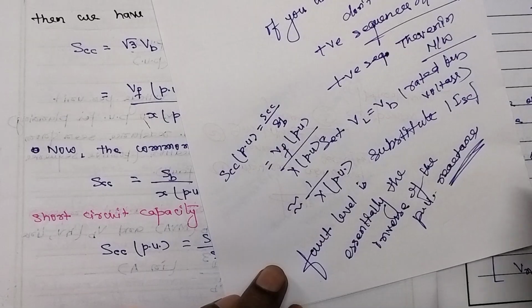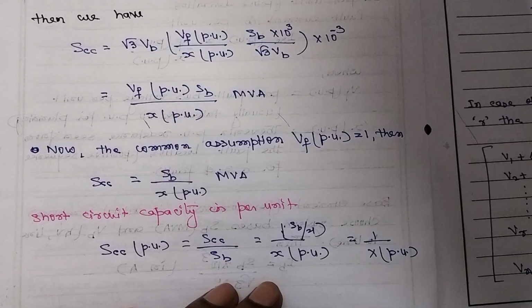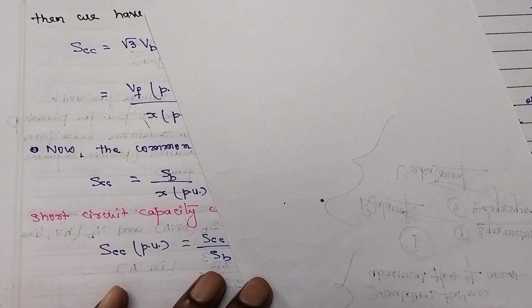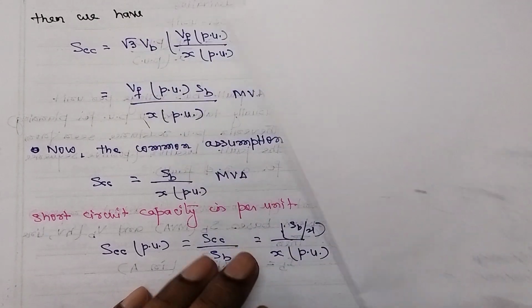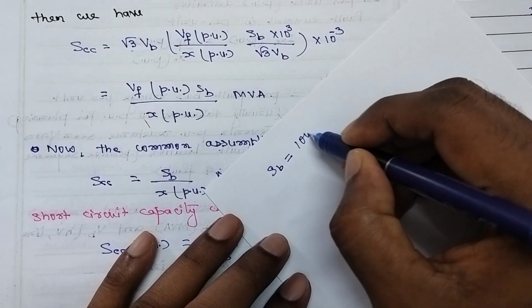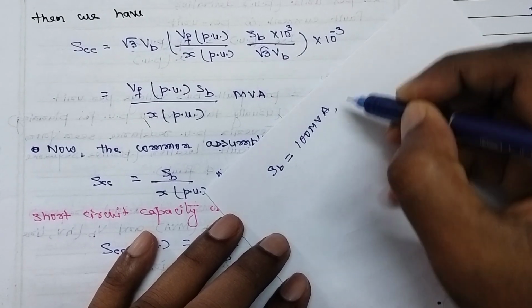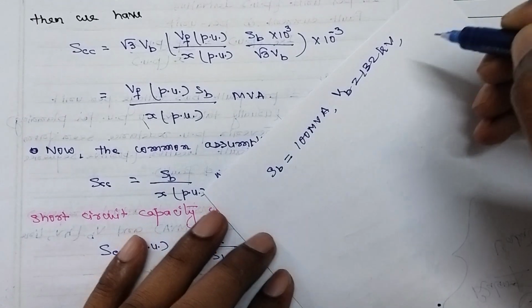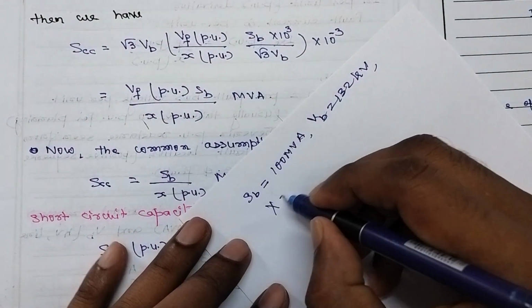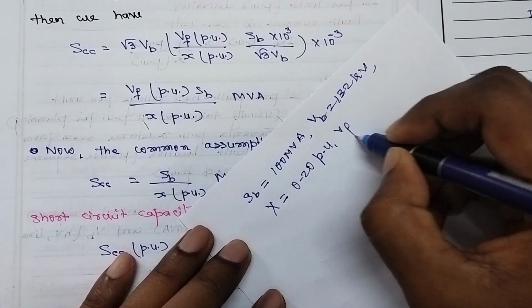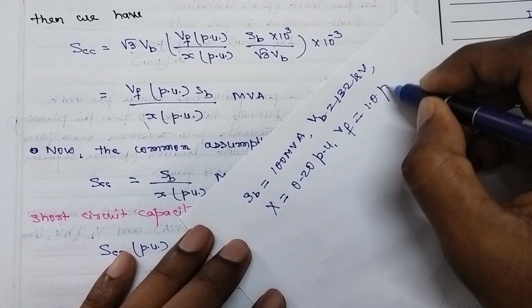So this is the final formula that we got here. If you want a quick numeric check, suppose we have given SB is equal to 100 MVA, VB is equal to 132 kilovolt, X is equal to 0.20 per unit, and VF is equal to 1.0 per unit.